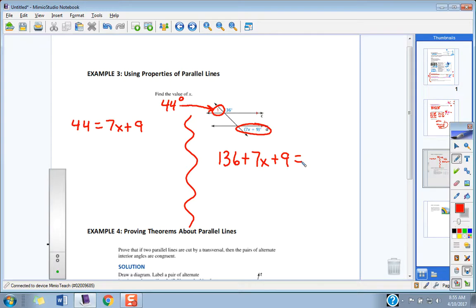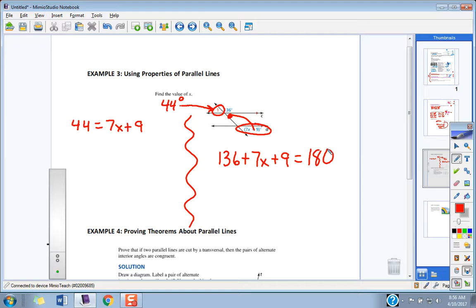What could I have set that equal to? 180, because this angle right here would be the same as this one right here, wouldn't it? And those two would add up to 180. How many set their equation up the first way? How many went the second way? Either way, you're going to end up with the same answer.